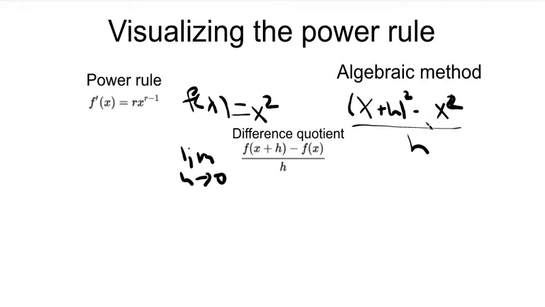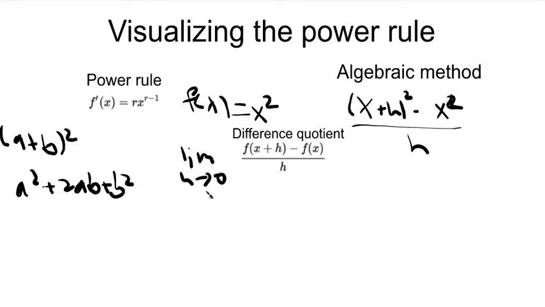As you know from last video, when a plus b squared is equal to a squared plus 2ab plus b squared. So, let's do this.